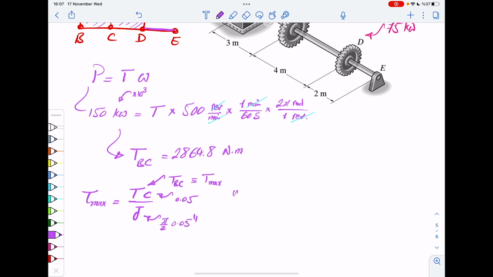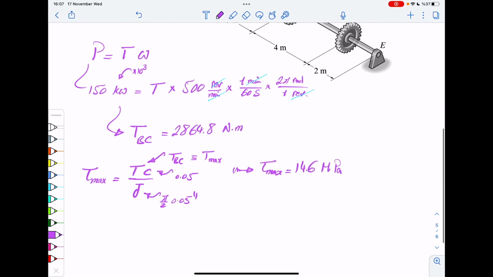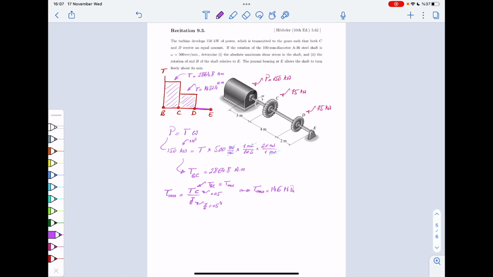So you do this and you get your tau max as 14.6 megapascal. All right, so this is the first part of the question.